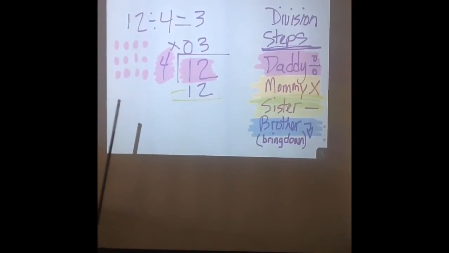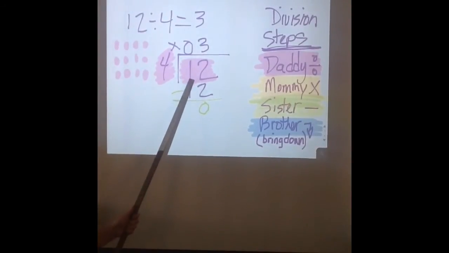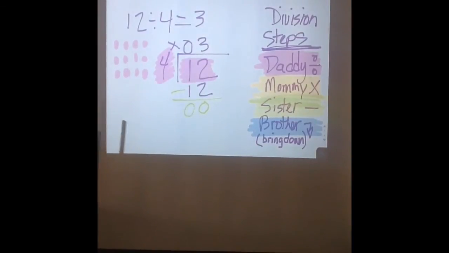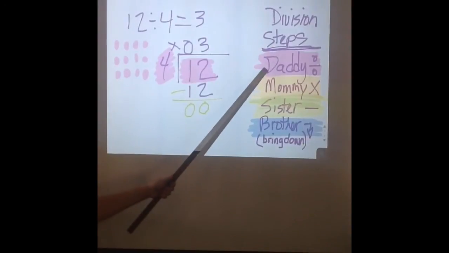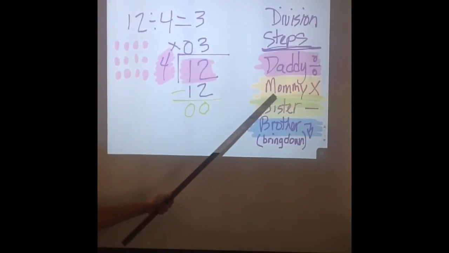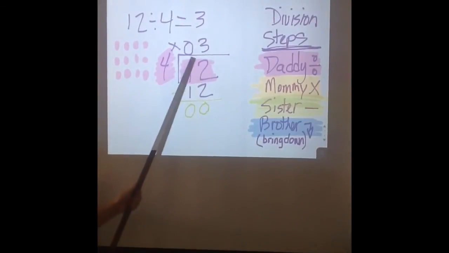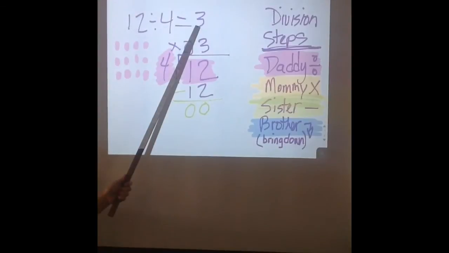It's going to give us what? 0. And we have 1, and we're going to take away 1, and that's going to give us a 0. So now we have a 0. As you can see, we've done our daddy divide, mommy multiply, sister subtract, and we're done with our problem, and our answer is 3, as we got up here, right?